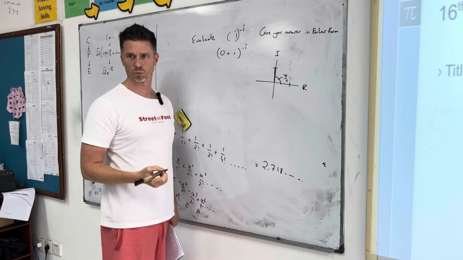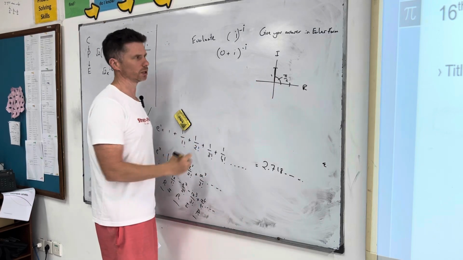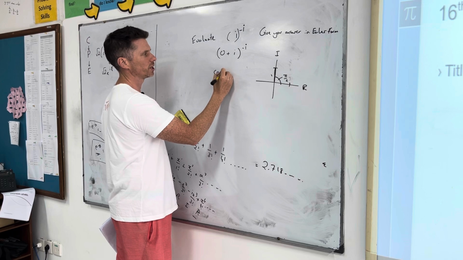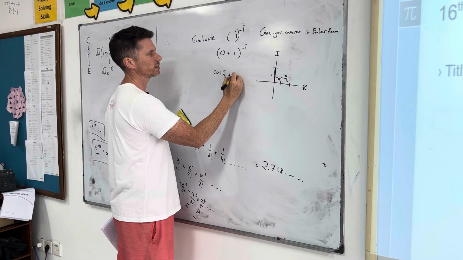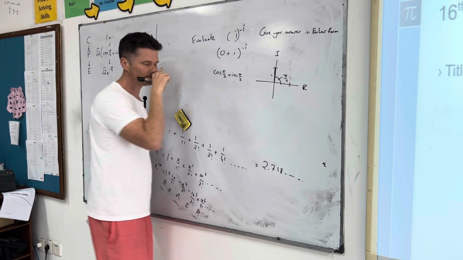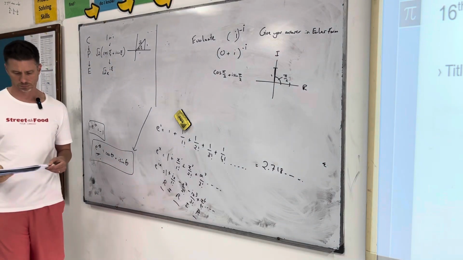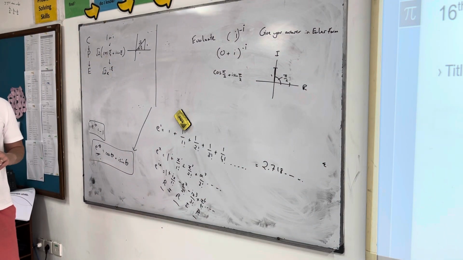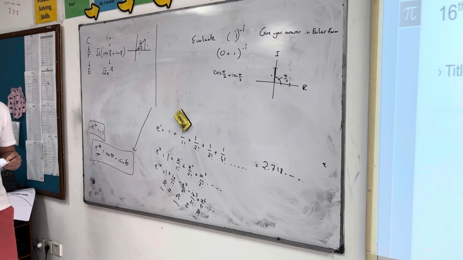The modulus is just 1. So I could write cosine pi over 2 plus i sine pi over 2. Are we happy with that? And then we can De Moivre somehow.